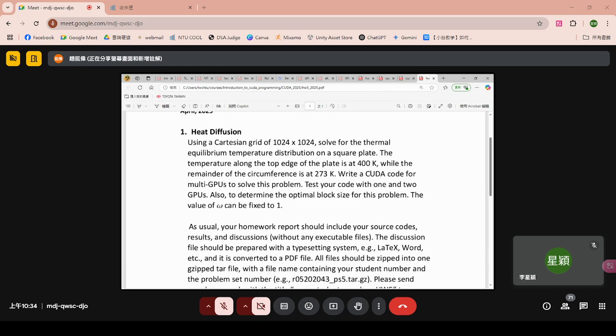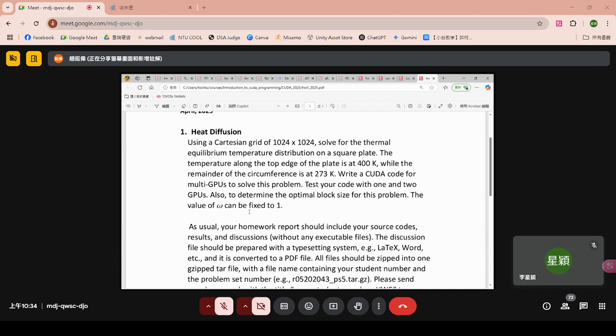Write a CUDA code for multi GPU to solve this problem, test your code with 1 or 2 GPUs, and also determine the optimal box size for this problem. As I said, the value of omega can be fixed to 1. This is very similar to the Laplace equation.